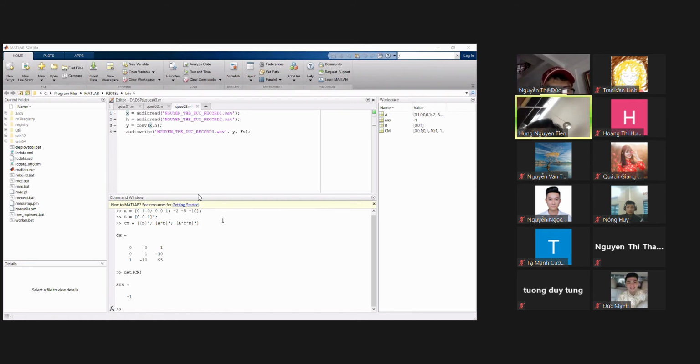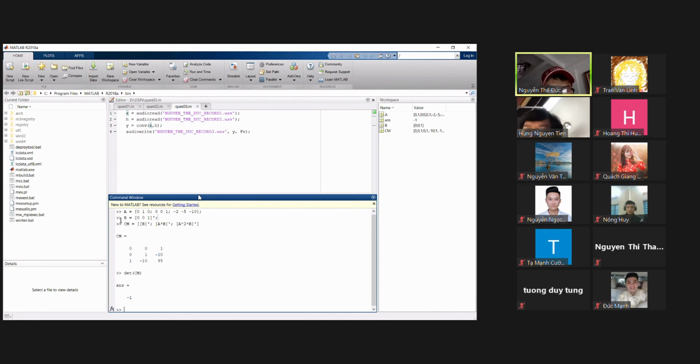I have the matrix A here and B. I change it to columns and I build the CM matrix, the controllability matrix, and I got something like this. And I calculated the determinant and it is equal to -1. So the rank equals 3. The rank of CM is 3. This is all I got.